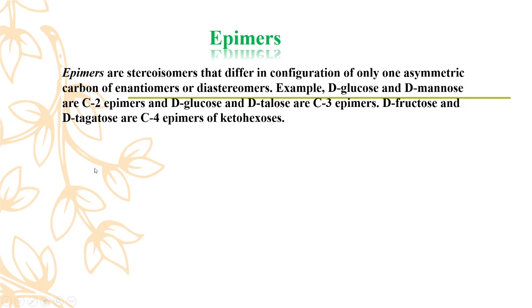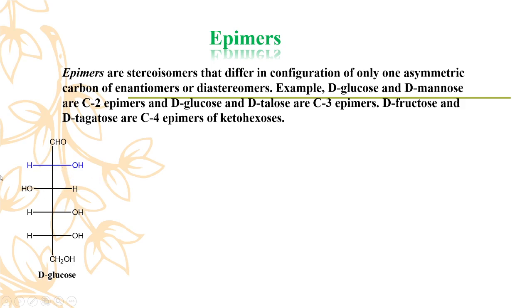That means you can see here, this is the structure for D-glucose. Okay, and if you write the configuration of this chiral center, this is the R configuration. First priority goes to this oxygen, second priority goes to this carbon, the third one to this group, and the last one to the hydrogen.